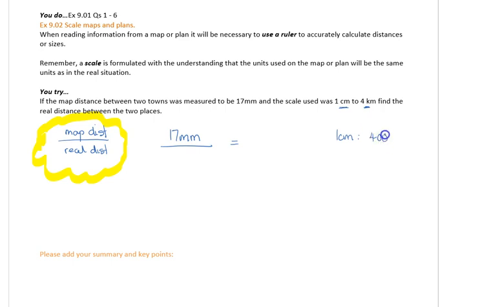If we multiply 4 by 1,000, we get to metres. And then we want to get to centimetres, and every metre has just 100 centimetres. So the scale 1 centimetre to 4 kilometres becomes the scale 1 is to 400,000, and we can write that as our fraction.